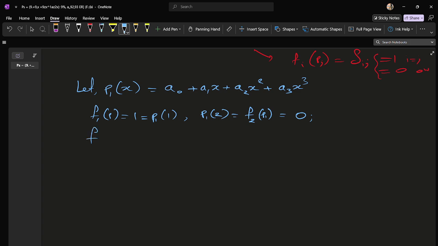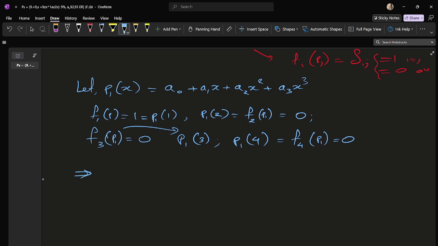And f3 of p1 is also 0. But what is f3 of p1? This is p1 of 3. And for p1 of 4, the same thing happens again, as this is 0.